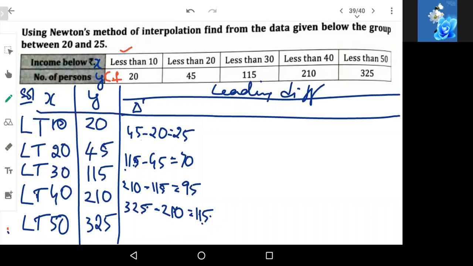So these are our first leading differences.